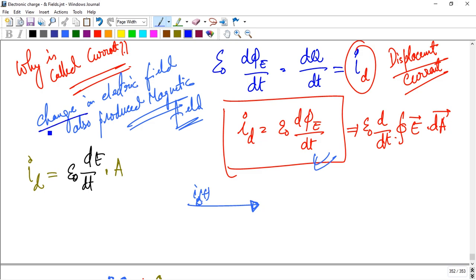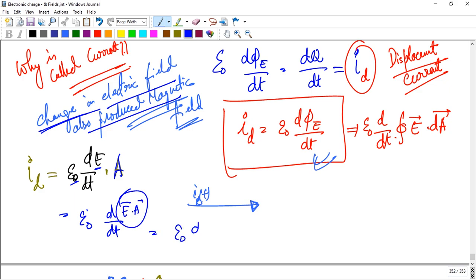So epsilon naught times d E A by dt, where E A is phi, gives epsilon naught d phi E by dt. That's the same expression as before, and it also produces a magnetic field. That's why this current is named displacement current. Clear why this id is called displacement current?